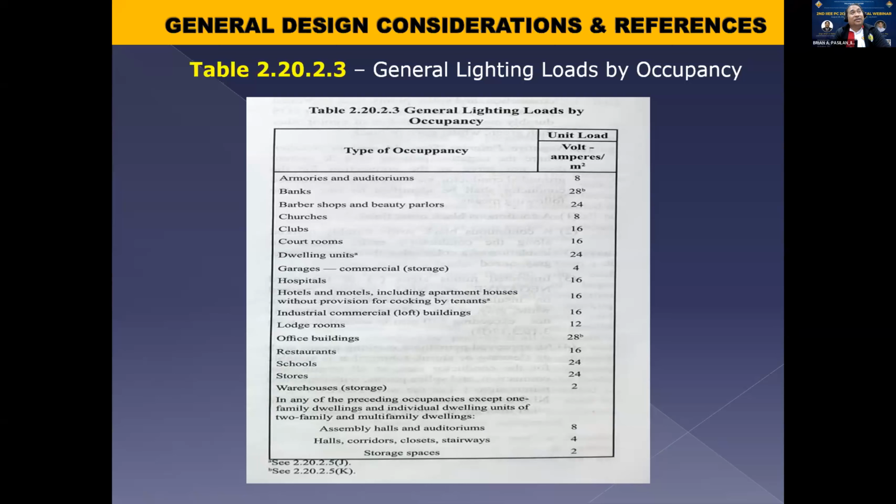Tama ba? 100, tama nga. So you have an established load or demand of 2.4 kVA for lighting circuits. Ganyan lang kasimple yung pag-establish ng load density for lighting. Kung ibang occupancy yan, then use the appropriate figures accordingly.